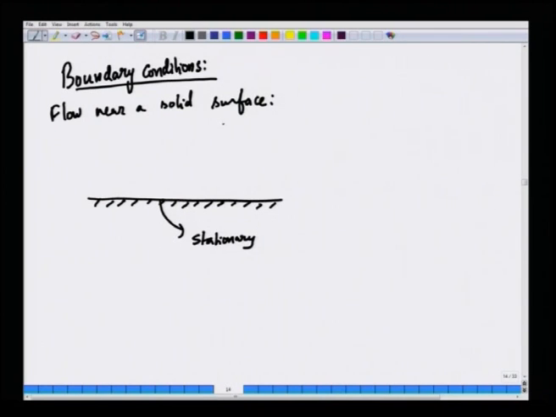If the boundary is stationary, then one of the most important conditions is this. Let us assume the flow is in the x y plane, and the third direction is z. If the boundary is rigid, the first thing we can say is that V y equals 0, because you cannot have any fluid flow into a rigid boundary, because it is impermeable. So, this is the normal velocity condition.